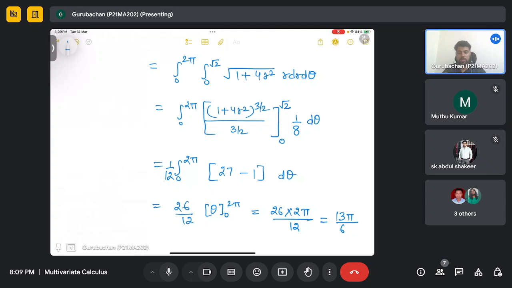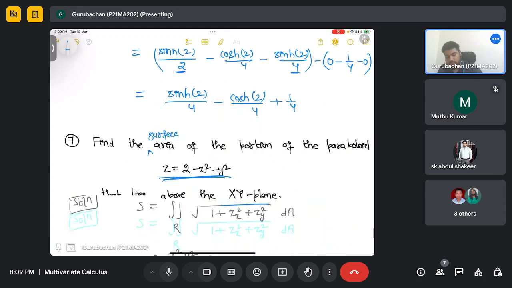I hope all the calculation is correct in this particular question. 13 pi by, sorry, will be 3, since we are dividing with this 4. Okay, so this is the surface area bounded by this.